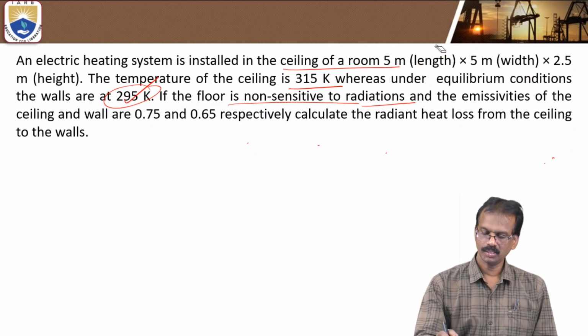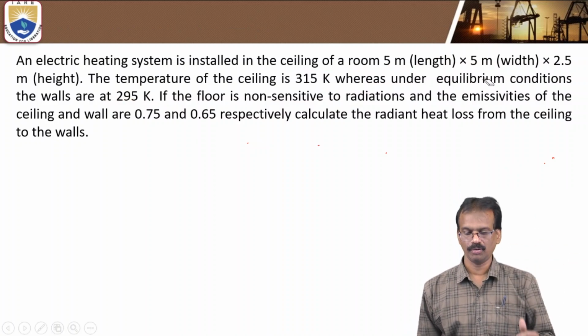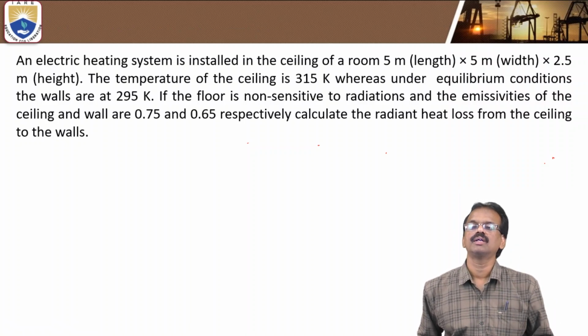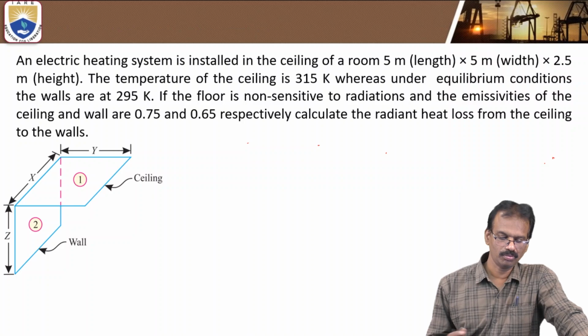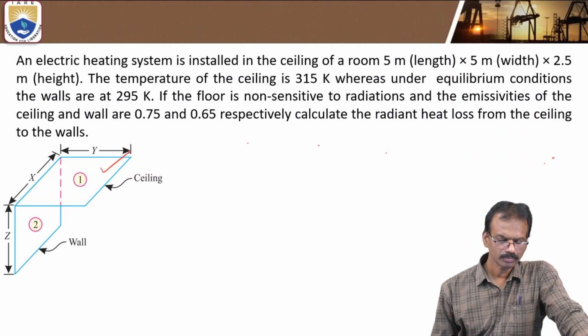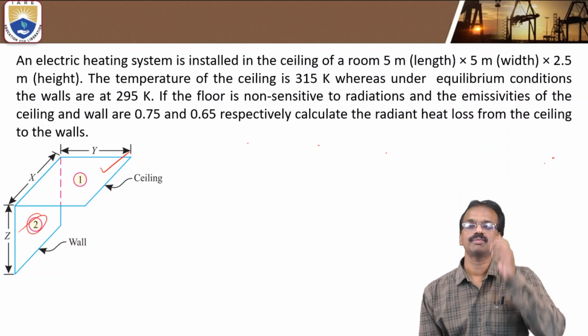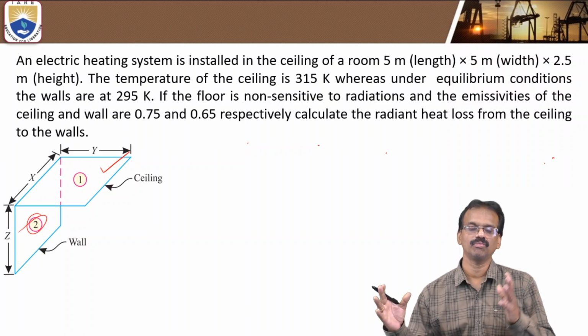In this numerical, heat transfer takes place from the ceiling to the surrounding walls. So the first surface you can consider is the ceiling, and the other surface is the walls of the room. This one is the ceiling, surface 1, and the room walls: we have to consider all the 4 walls, so that is surface 2. Here it means heat transfer between surface 1 and surface 2, that is, between the ceiling and the walls.